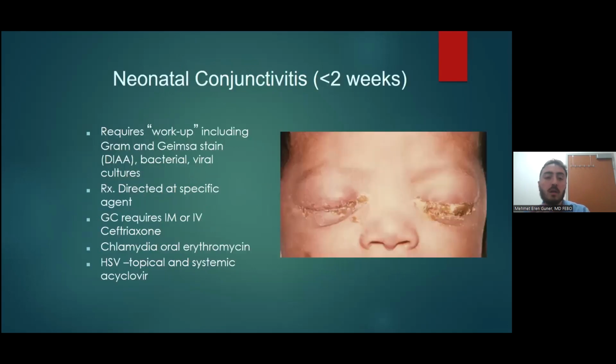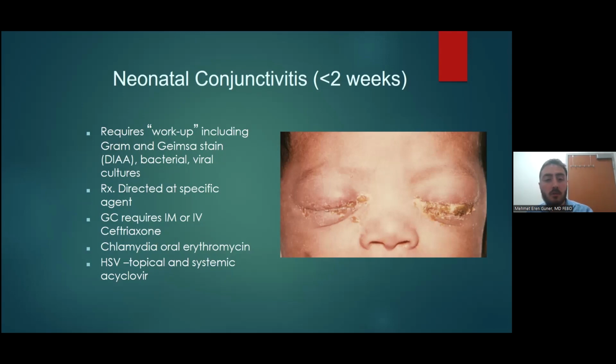All right, one more thing, neonatal conjunctivitis. This is, I would call, an ocular emergency. This patient needs to be sent to the emergency department and requires a workup, and this usually follows the infections in the neighborhood or in the town.